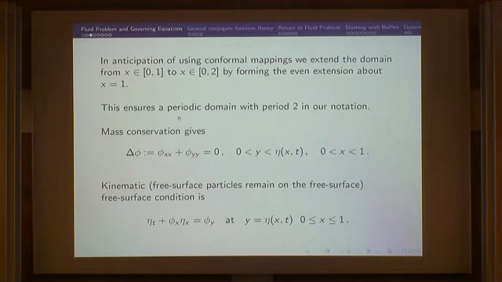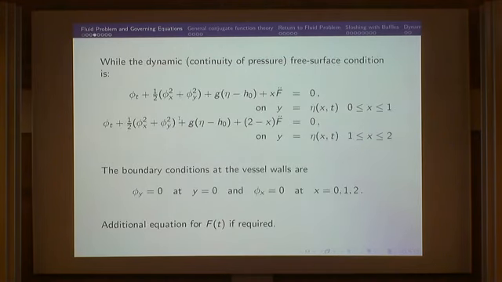This tells us that any particles that originate on the free surface stay on that free surface, and this can just be written as this equation, eta_t plus phi_x eta_x is equal to phi_y, evaluated at the free surface. And I guess you can think of this as being extended now to x between 0 and 2. So this is the original domain, but obviously we've extended it, so this is between x equals 0 and 2.